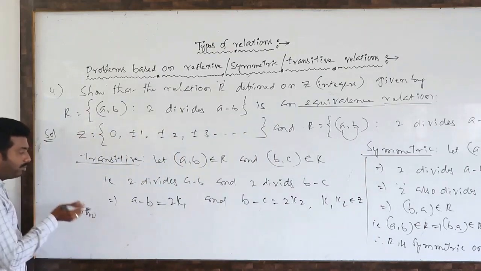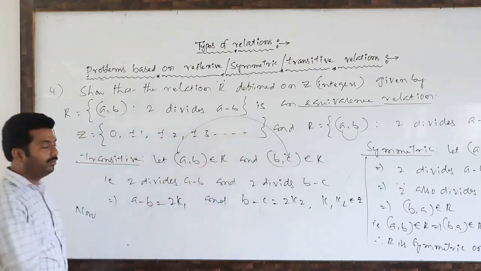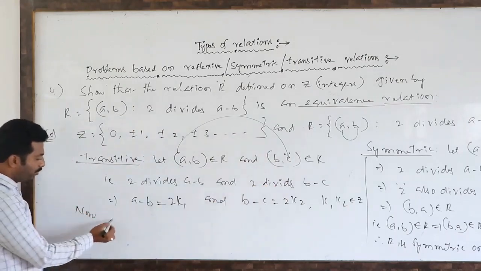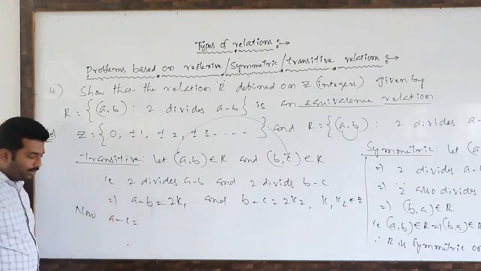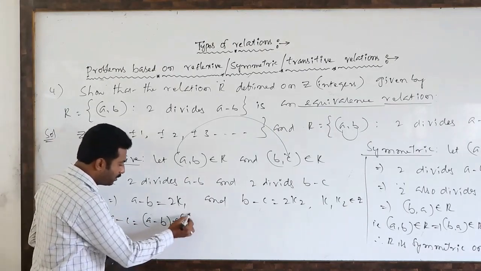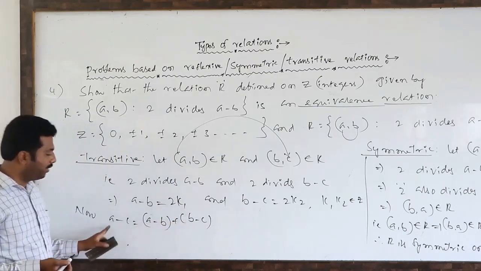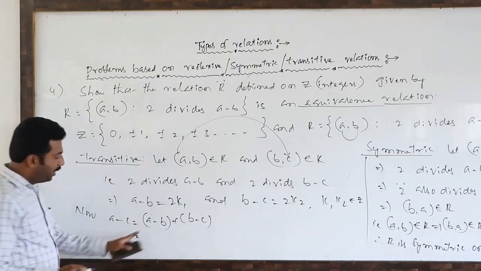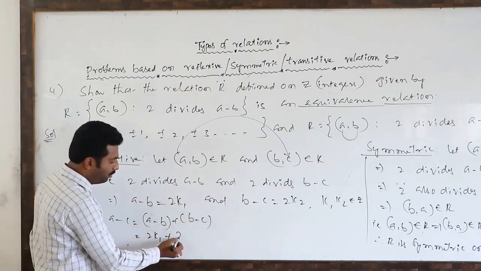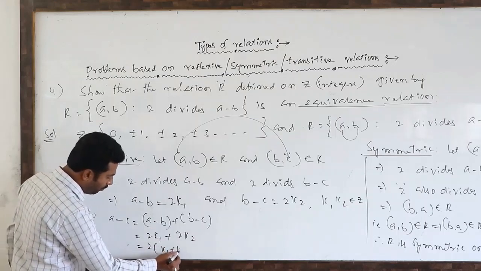Now, actually what we have to prove is that there is a relation between A and C. So very simple, I am taking A minus C. How am I writing? A minus B plus B minus C. Minus B plus B cancel, again you will get A minus C. So from this, A minus B is 2 into k1, B minus C is 2 into k2. If I take 2 common, that is k1 plus k2.